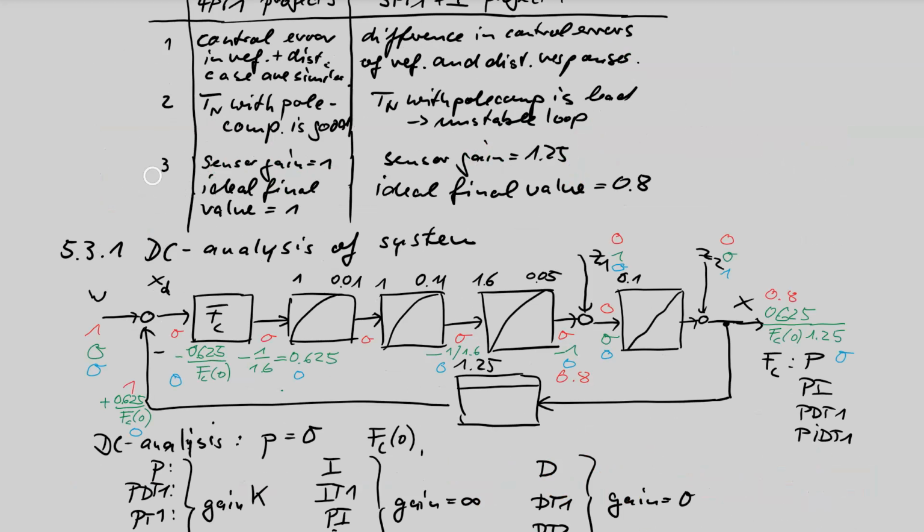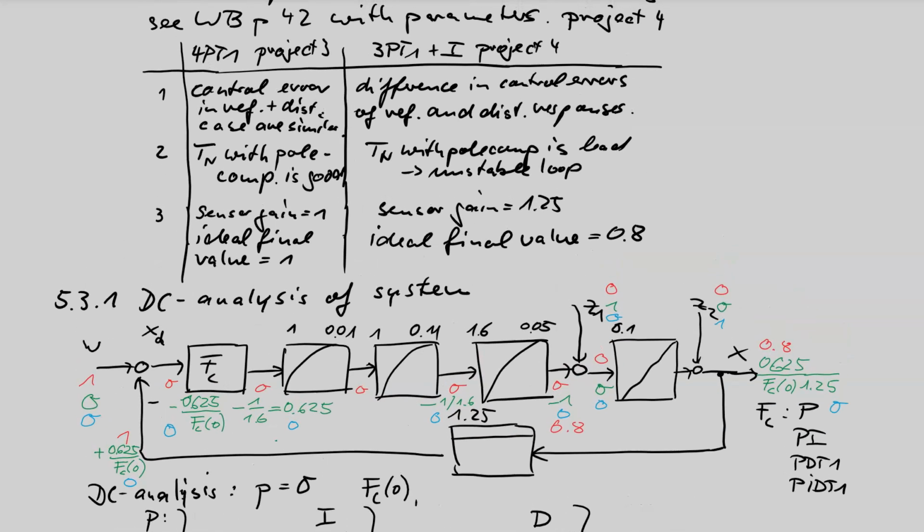And then difference number 3 in our list, the comparison between project 3 with 4 PT1s and project 4 with 3 PT1s, I think is also clear, because here you see this sensor with a gain 1.25 makes zero control error. So if the sensor output is identical to the reference value, we get 0.8 as the physical value.